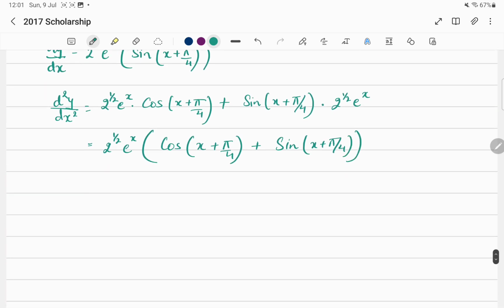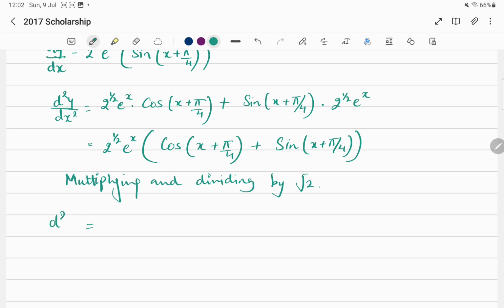Again multiplying and dividing by root 2, we can convert it with the same formula we used before.